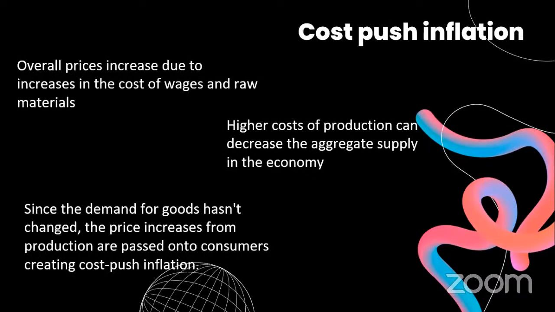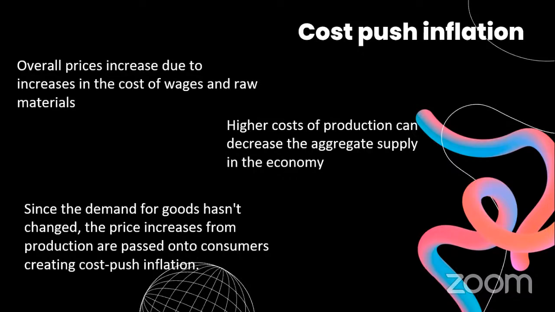Cost push inflation. Cost push inflation occurs when overall prices increase, inflation, due to an increase in the cost of wages and raw materials. Higher cost of production can decrease the aggregate supply, the amount of total production in the economy.